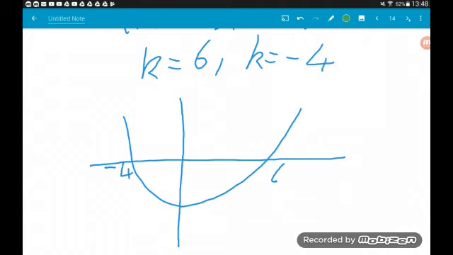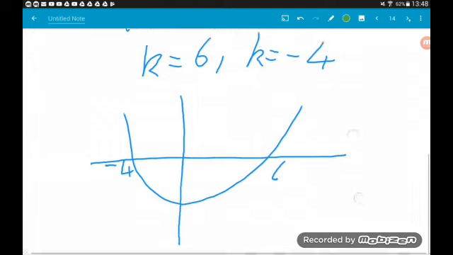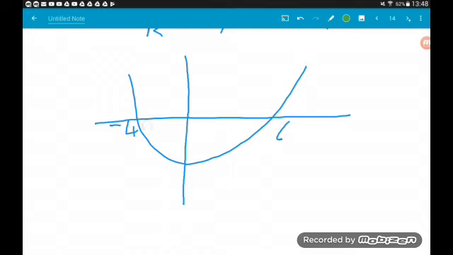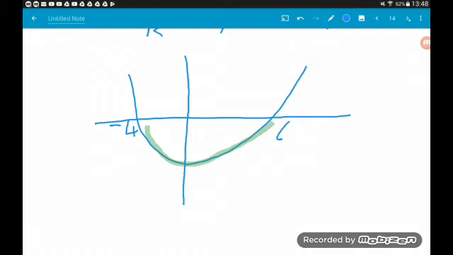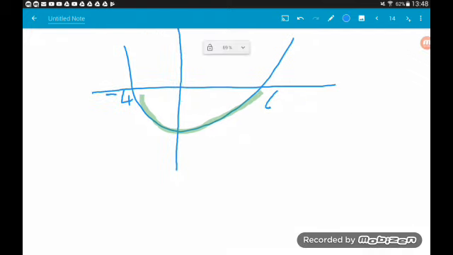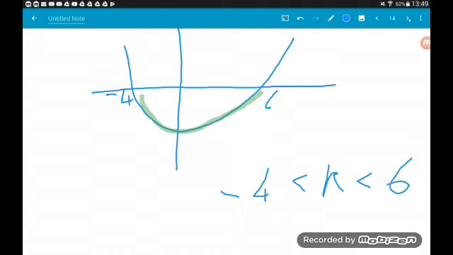Now in terms of the inequality, we want the range of values of x where the graph is under the x-axis, or the k-axis here. So we want all of this stuff, but we don't want it touching the x-axis or the k-axis. So the range of values of k are minus 4 strictly less than k strictly less than 6, like that.